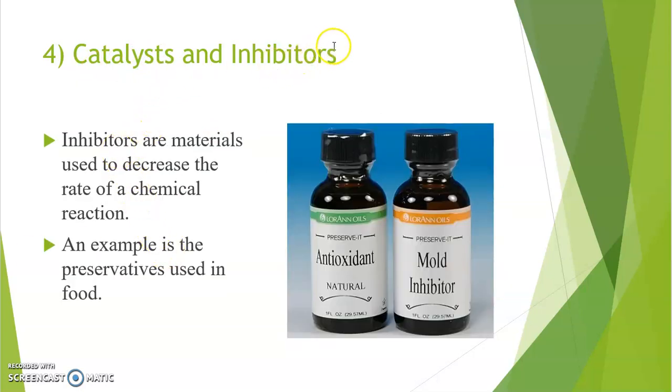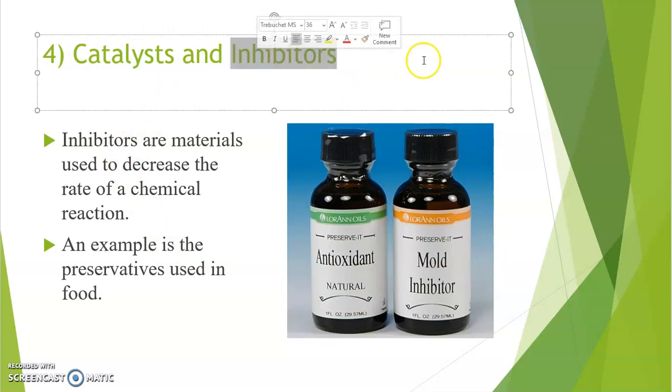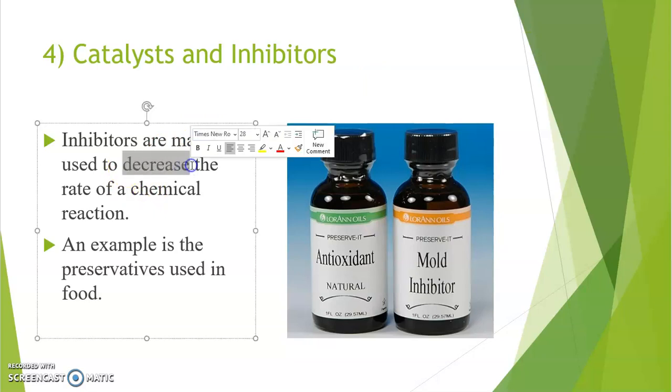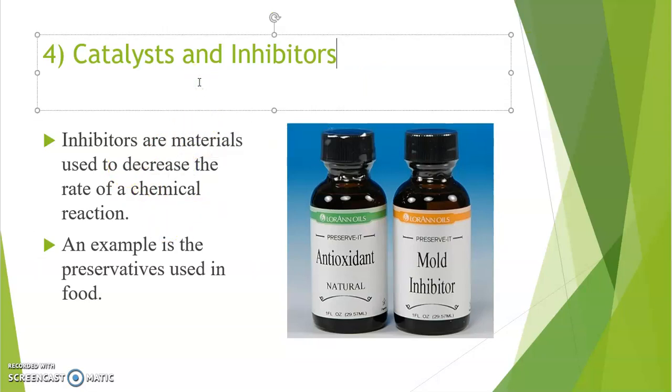Now, the other material is the inhibitor. Inhibitors are completely opposite to catalysts. Inhibitors are materials used to decrease the rate of the reaction. Let's check this example. You know that in food they use preservatives and food additives to store the food for extra time.